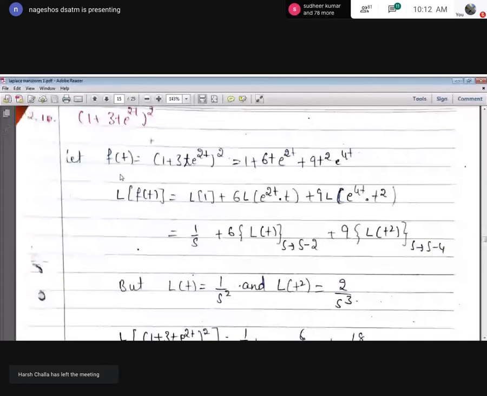Take 6 outside, then the Laplace transform of t e power 2t. Then take 9 outside, of t square e power 4t.